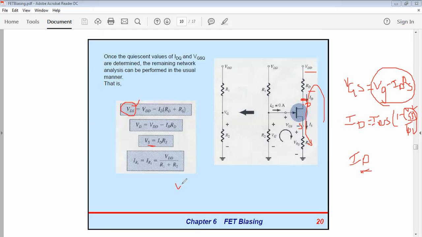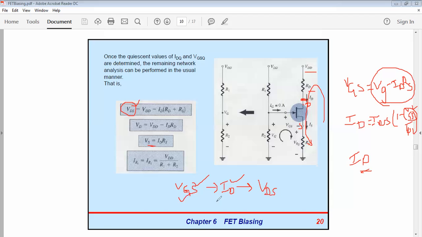First, by applying KVL to the input loop, we derive the expression for VGS. That expression is substituted in the current equation. Again, we find the value for ID. Once you know the ID value, we can easily calculate VDS.